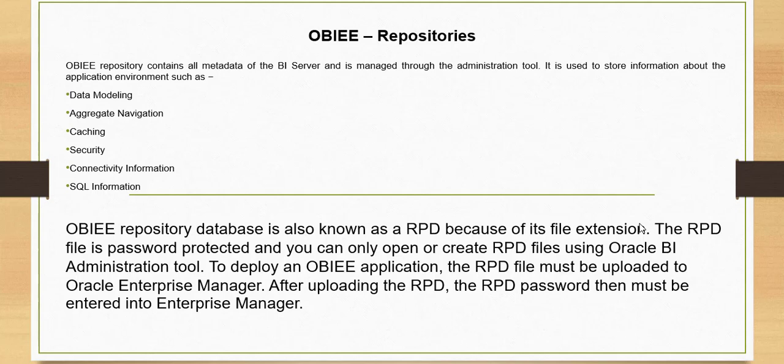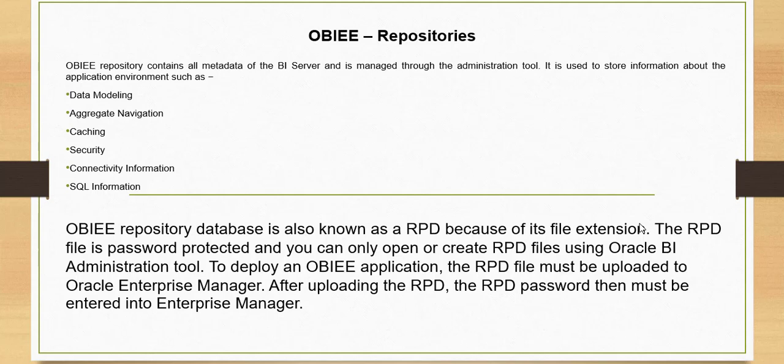Guys, the OBIEE repository database is also known as an RPD because of its file extension. When you save a repository file, its extension will be .rpd.